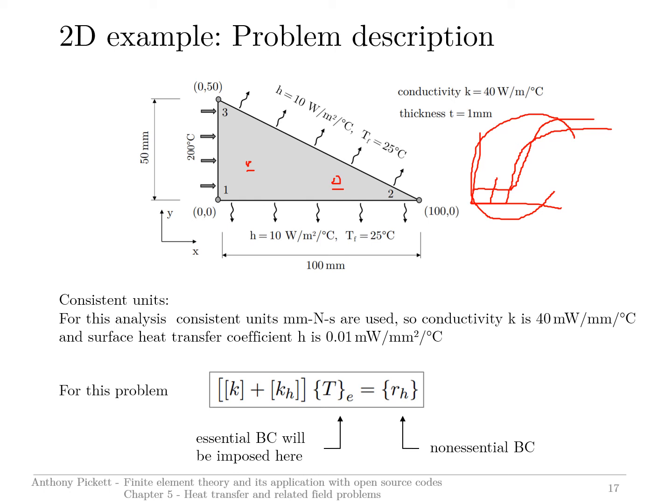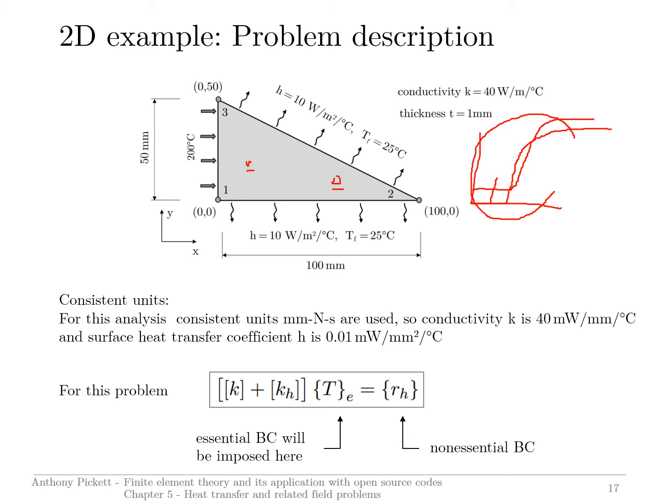You could use an explicit algorithm, for example, but that probably wouldn't be very efficient because this phenomena could take tens of seconds or even minutes depending upon the material properties. And the small time step in an explicit algorithm would make this rather slow. So normally a Newmark method implicit analysis would be used. I have described this briefly in the video to chapter 3 of the book. So that would be lecture 3, but I'm not going through it here.